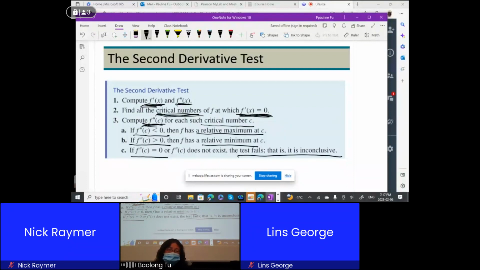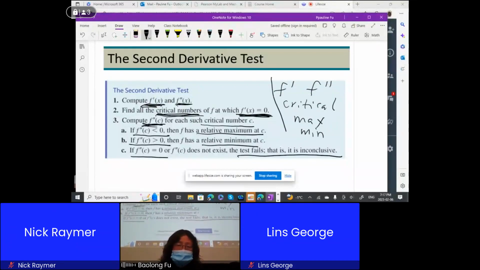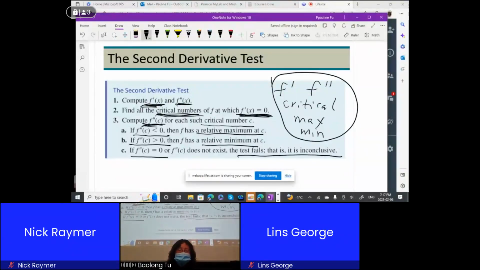This second derivative test connects the first derivative, the second derivative, critical numbers, relative maximum and relative minimum, combining all these concepts into one test. That is the second derivative test. Our goal is to find the relative maximum and relative minimum.